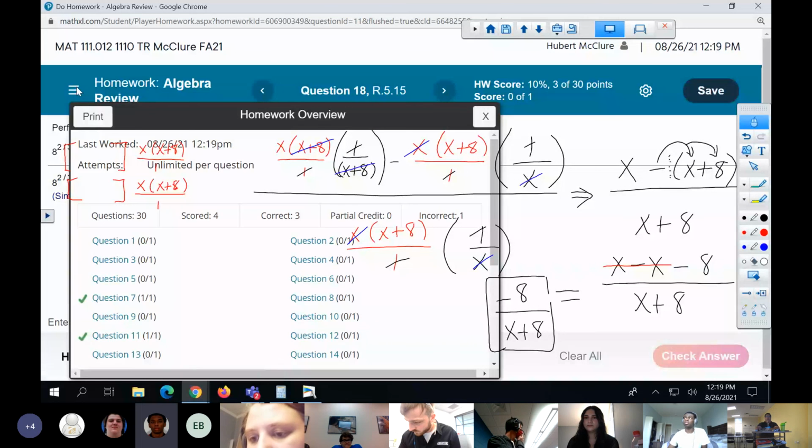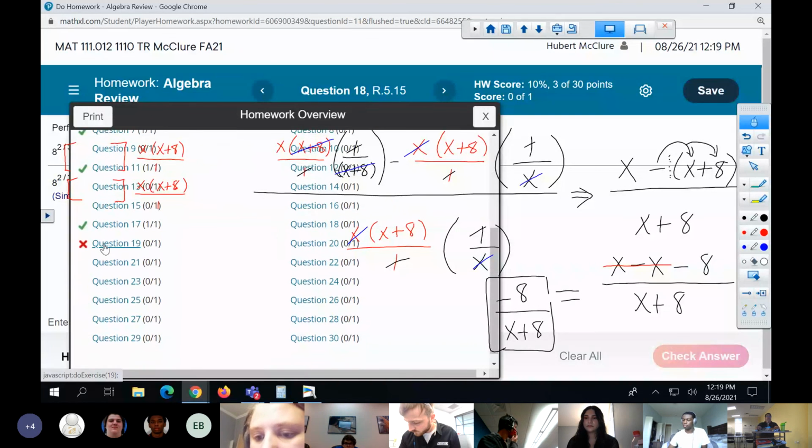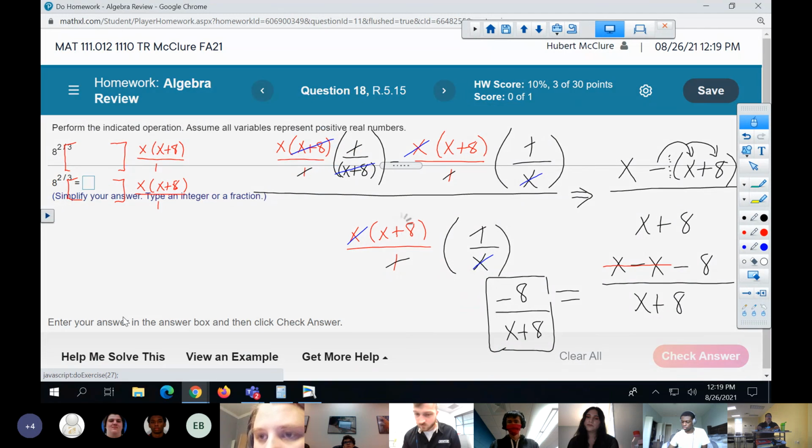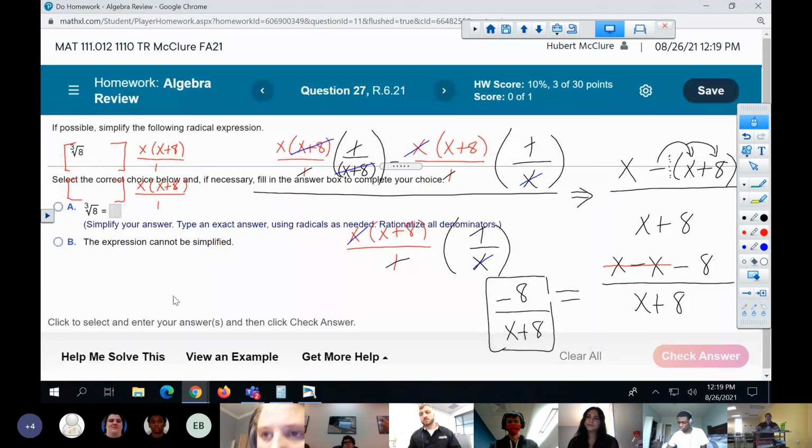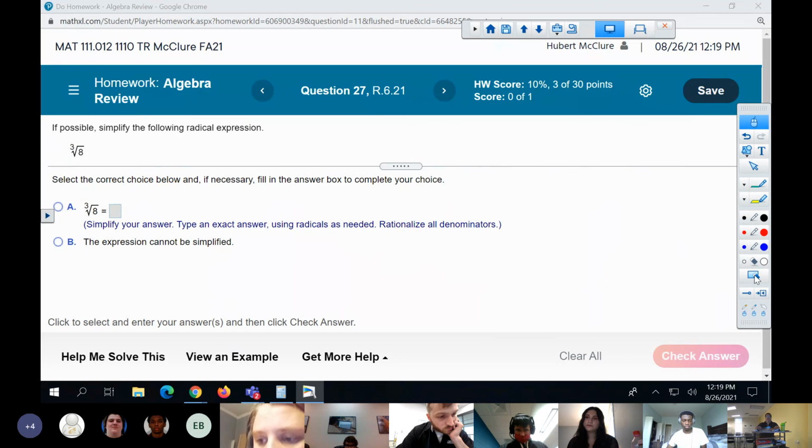Now, that was number 19 or 17. So we're going to go down. I'm going to do number 27. I'm going to look at it first. Oh, yeah, this is a piece of cake. This is a test question. All these are great test questions. So I'm going to give you a second to do it.